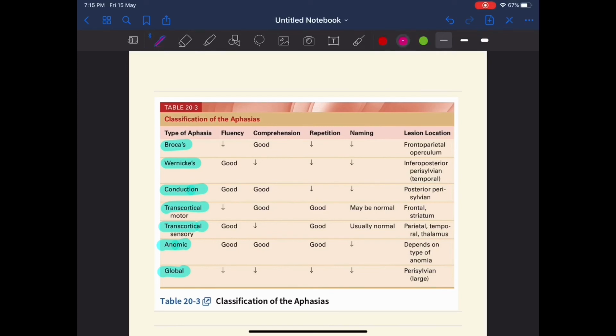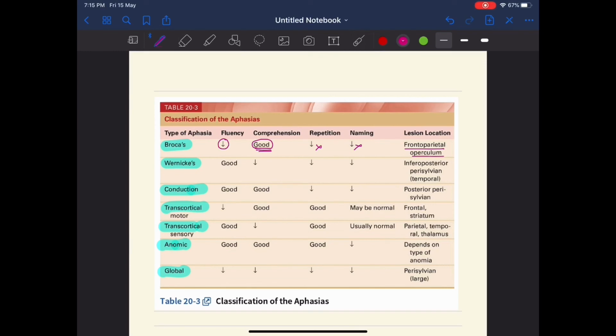In Broca's, fluency is decreased. Comprehension is very good. Repetition is not there, naming is not there. The lesion is in the frontoparietal operculum or the inferior frontal gyri.